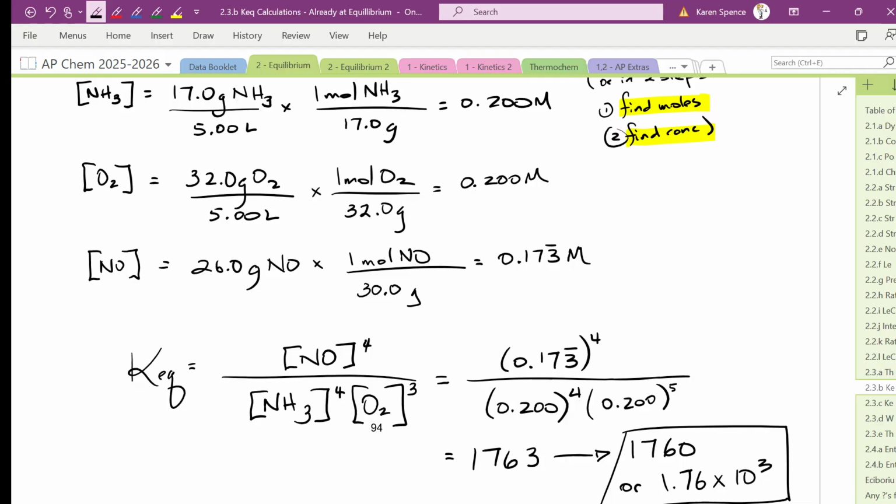My general rule for rounding is I like to keep the number on my calculator so that I don't end up rounding at all. So if I have that 0.17 and it just gives me 3s, I just leave that there and raise it to the power of 4. But let's say I hadn't done that. Personally, I like to keep 2 places past where I need it.